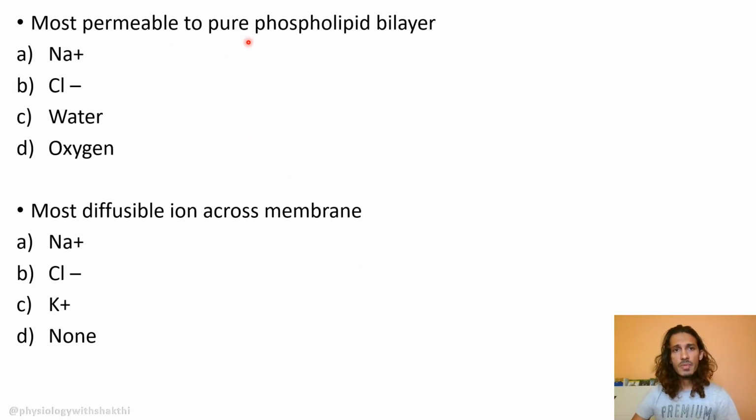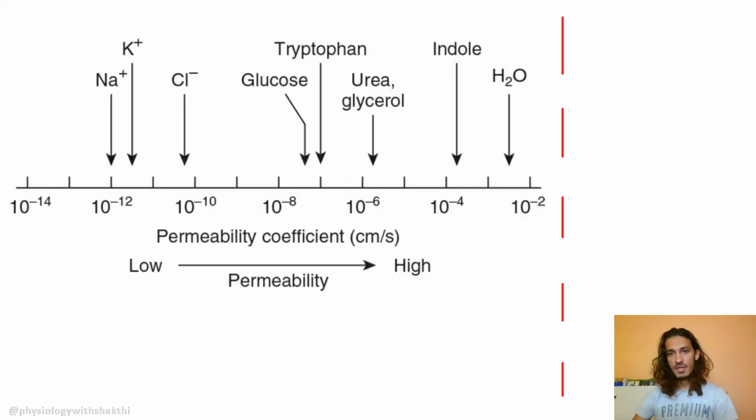Next question, most permeable to pure phospholipid bilayer and most diffusible ion across membrane. So again, here the concept is the difference in permeability of substance. This is a diagram from Harper's textbook of biochemistry.